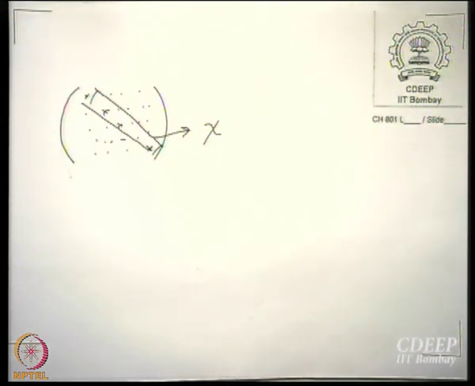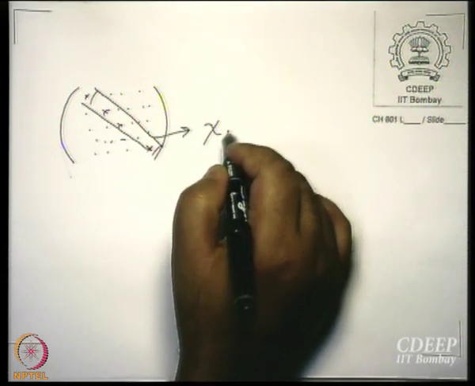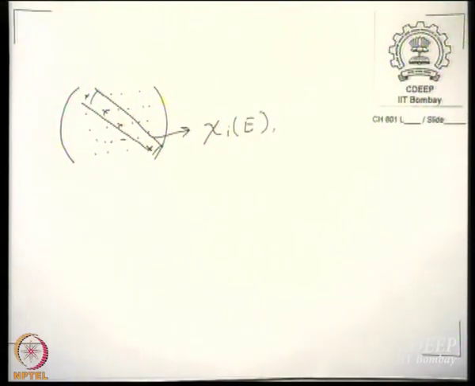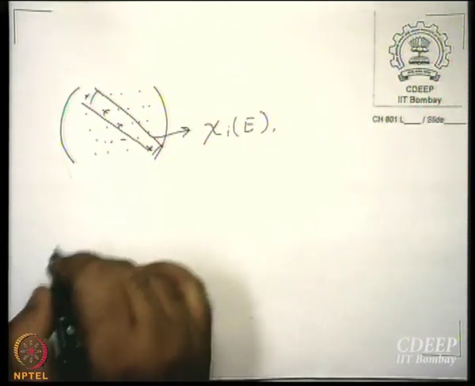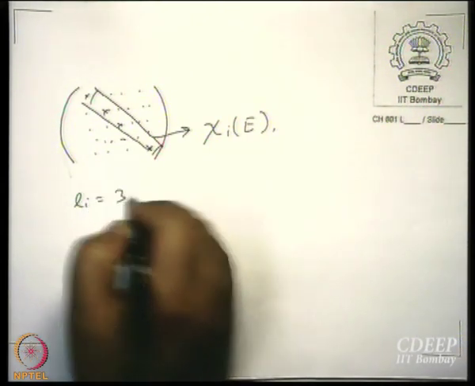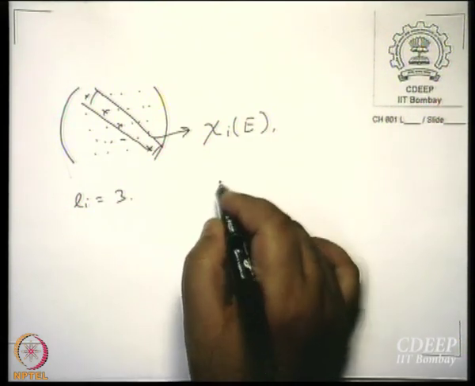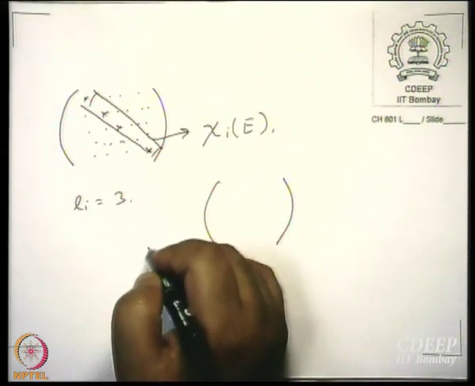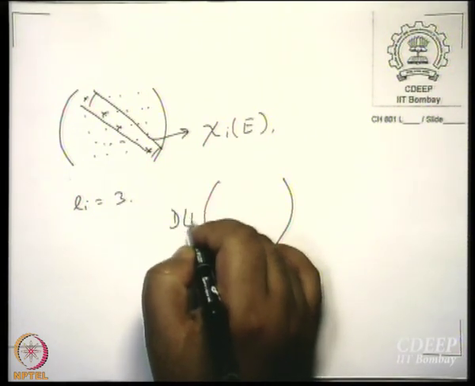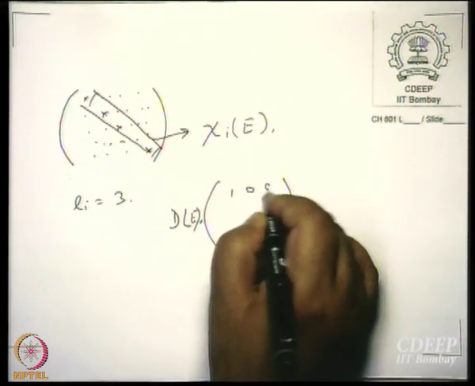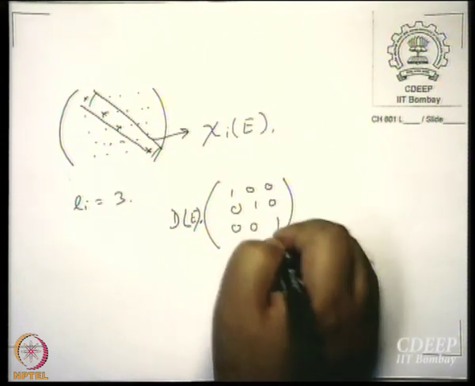There is a character or trace, whatever you want to call it. Now, what is chi I E? Li is a dimensionality, let us say Li equal to 3. So then what is the matrix corresponding to E? 1 0 0, 0 1 0, 0 0 1.